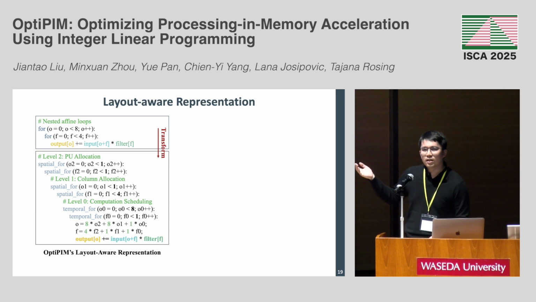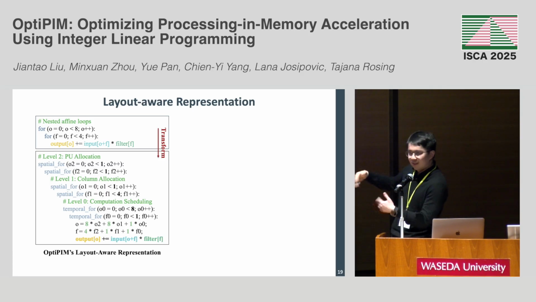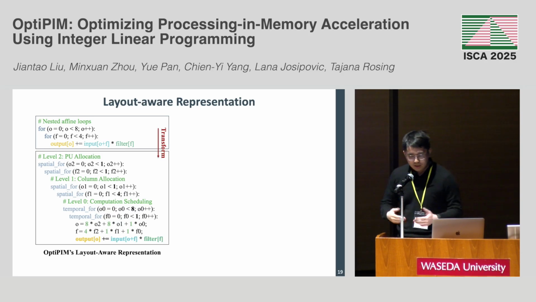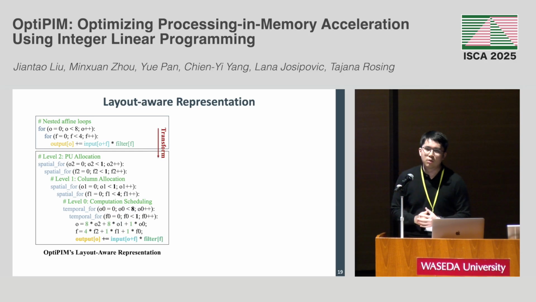They dictate how the data space is managed in the corresponding level. Spatial for means different parts of the data space should be executed in parallel. Besides that, we also have those 2 lines, which were gently ignored by previous work, the indexing function, the 2 lines we see above the final statement. Together with the indexing function, this determines what values are actually stored in the memory banks and in which order the computations are conducted.